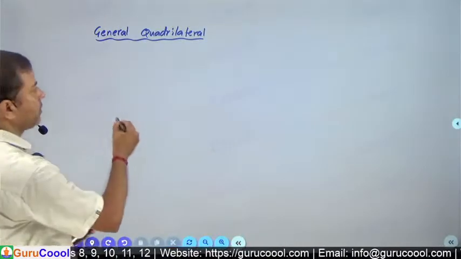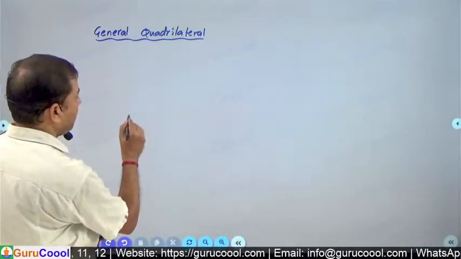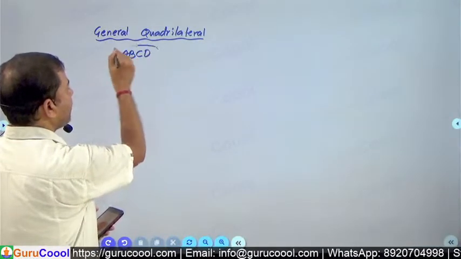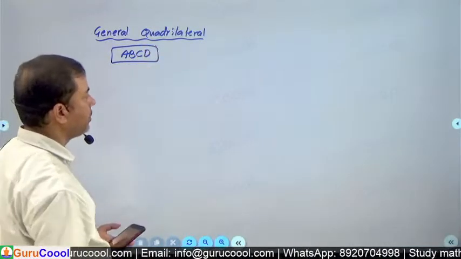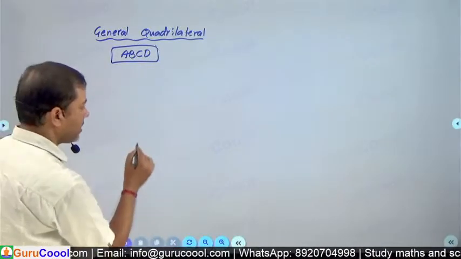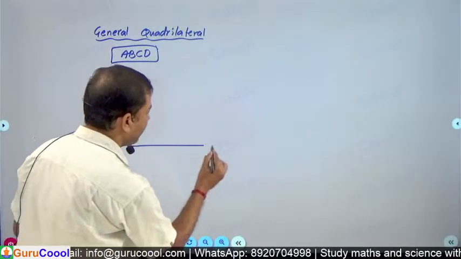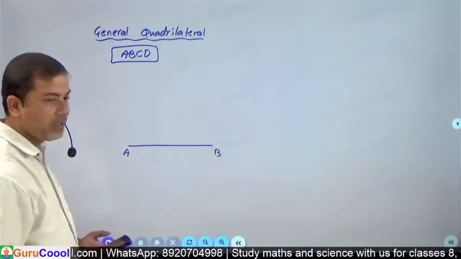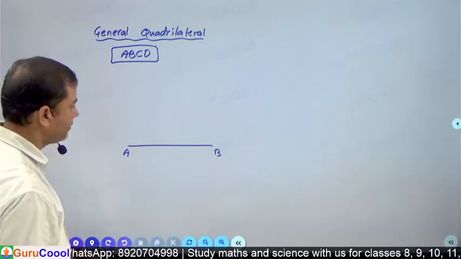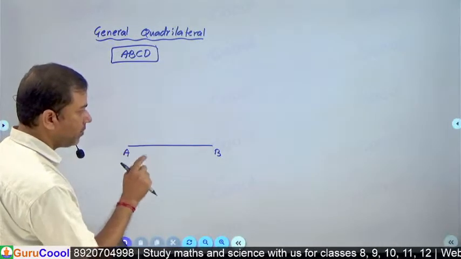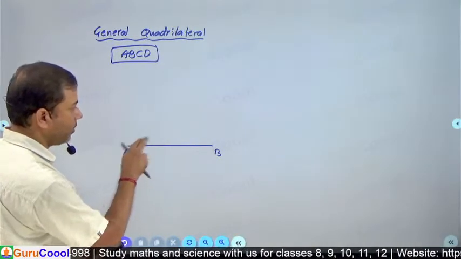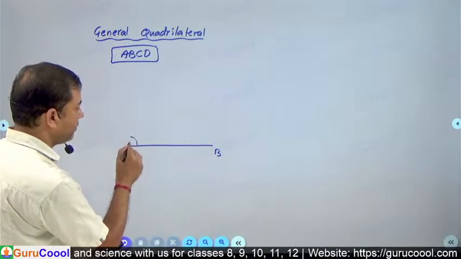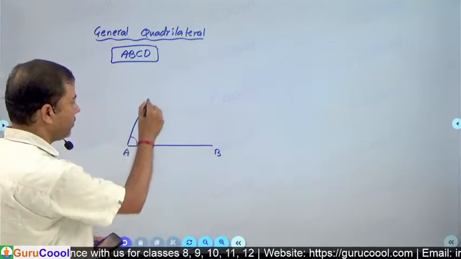So let's say you are constructing quadrilateral A, B, C, D. You will need a side, let's say AB. First information is used, one side. Then you will need one of the angles, let's say this or this. Suppose you use this one as 60 degrees, you drew it.